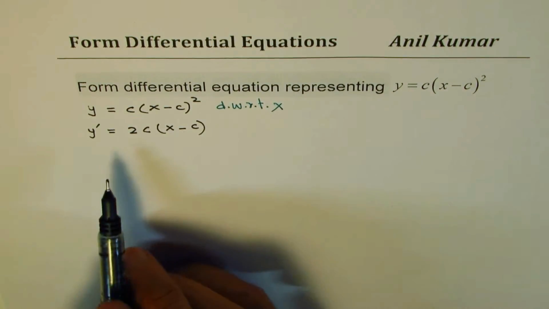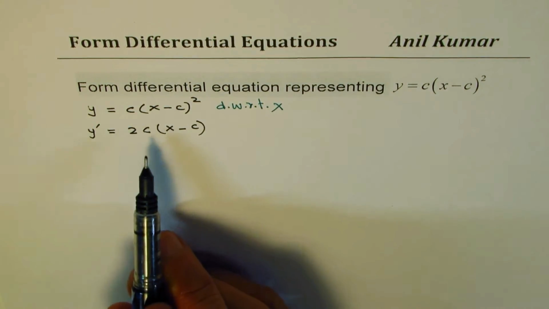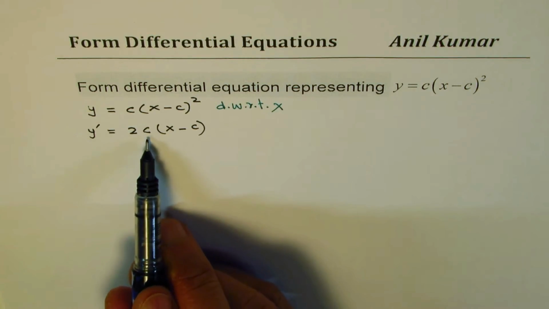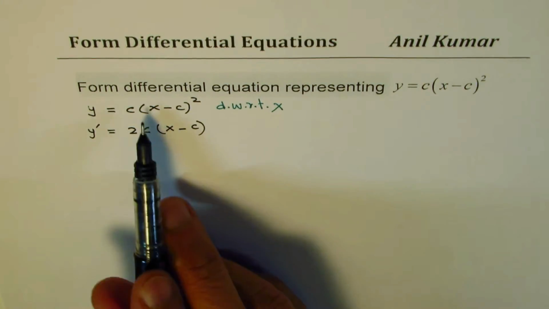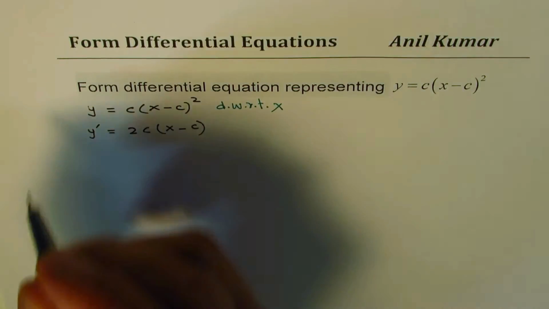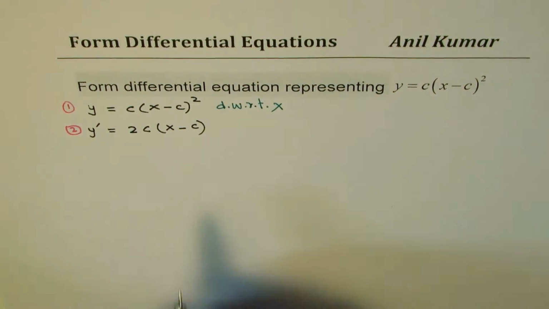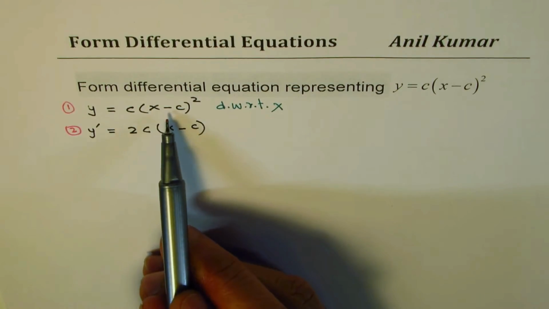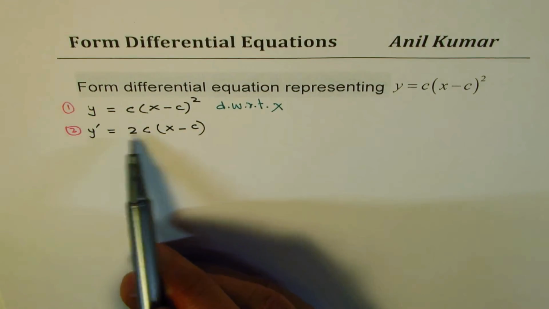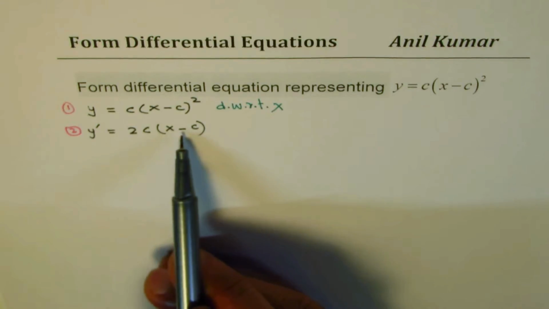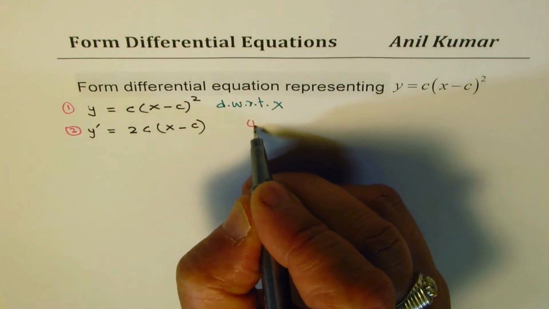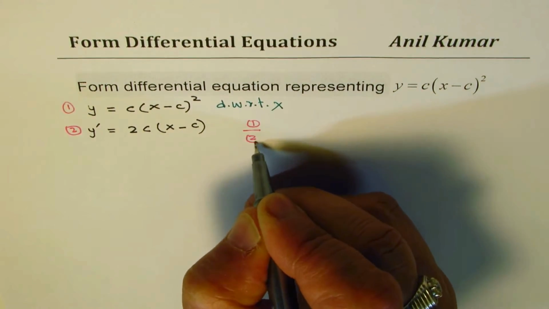So we get this. Now, how can we eliminate c from these two equations? We have two equations to work with, right? Let's call them equation 1 and 2. As you can see, if I divide 1 by 2, I'm able to eliminate c. So the next step is we'll divide equation 1 by equation 2.